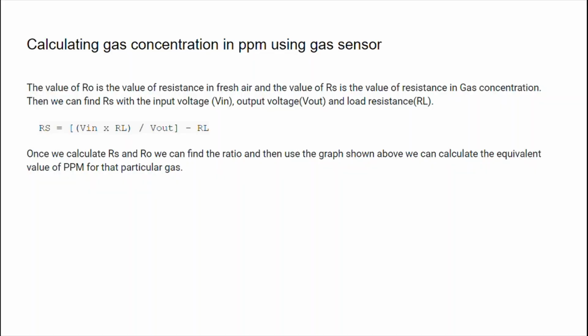So finally, we can see how we can use this gas sensor to find the concentration of gas in ppm. We have seen before that the gas sensor has a variable resistor whose resistance changes based on the concentration of gas. So here we have R0, which is the value of resistance in fresh air, and Rs, the value of resistance in the concentration of gas. We know R0. We can find Rs from this formula, where Vin is the input voltage 5 volts, Vout is the output voltage of the sensor, and RL is the load resistance.